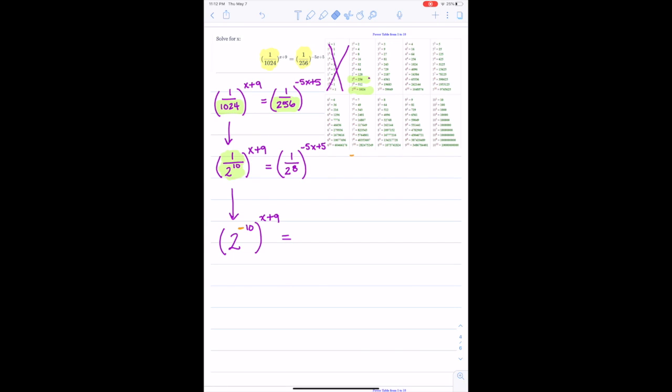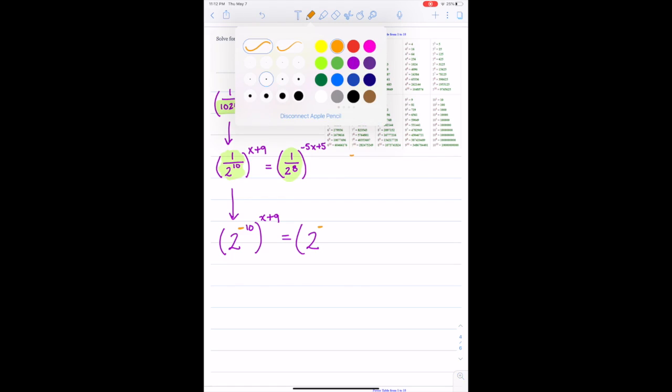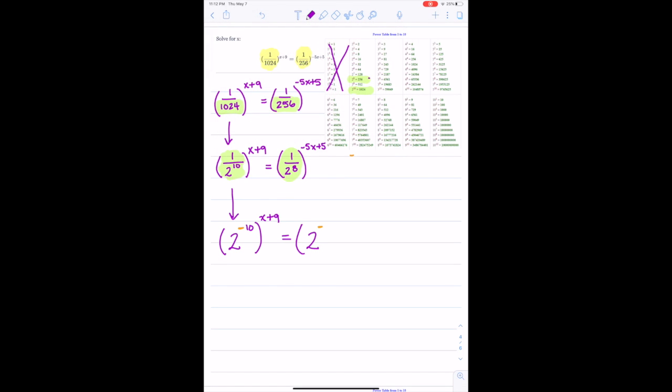Okay, that's that side. And then this one, again, notice that it's 2 to the 8th on the bottom. So if I want to bring that up, I can put 2 to the negative 8th power to the negative 5x plus 5.